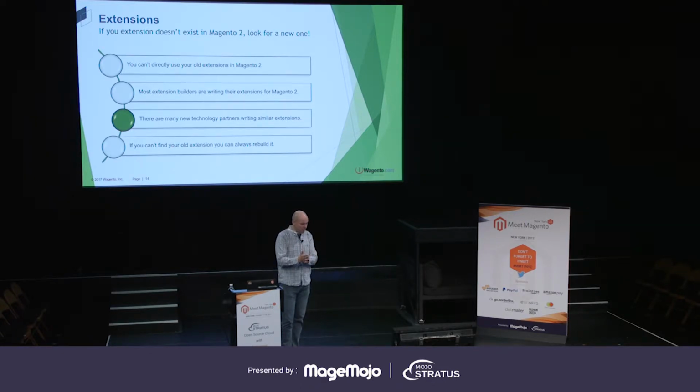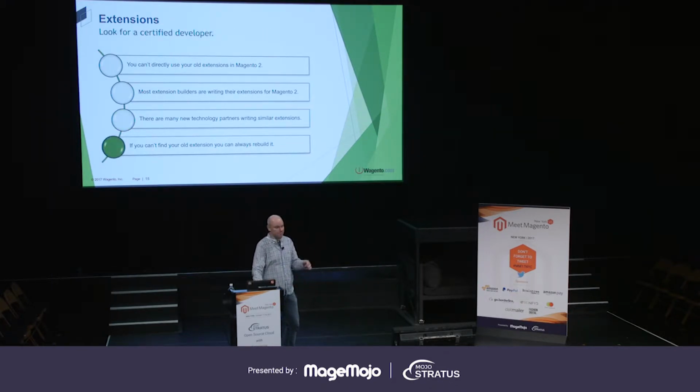The themes also offer the newer features, the newer versions of PHP. So there's a lot of opportunities for partners to give us extensions that are similar to another vendor that would have given us a theme in the past. And if you can't find the theme from your old vendor, then you can always just rewrite it.